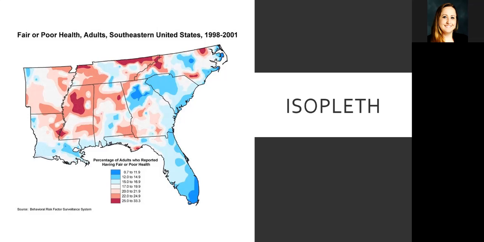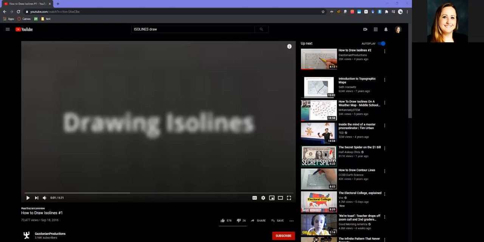So you draw lines between points of equal value, and you want to draw the lines at distances that are proportionate to the differences among the values. And I have a quick video to show you to hopefully help you understand how isopleth maps are created.